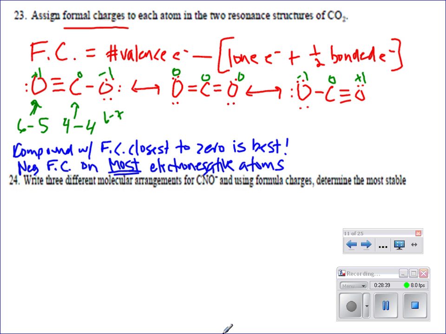It means I'm forced to have more electrons than I normally do. Well, if that's the case, I better be electronegative, and I better like that. Otherwise, I don't want that formal charge. Does that kind of make sense? So, which is the best? The middle one. This is going to be the biggest contributor to the hybrid. This is the most common resonance structure, or the best resonance structure.